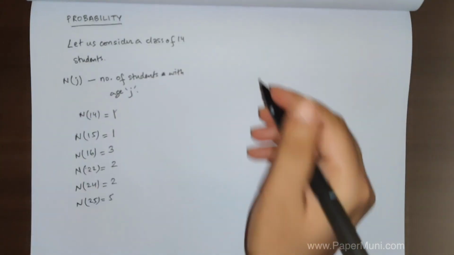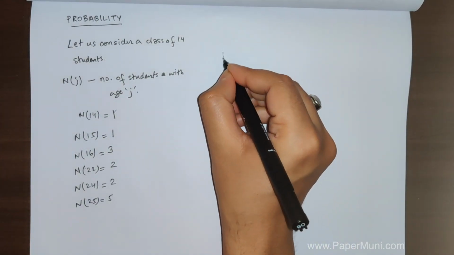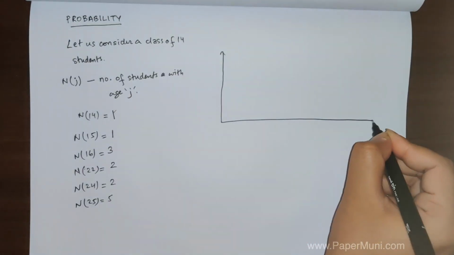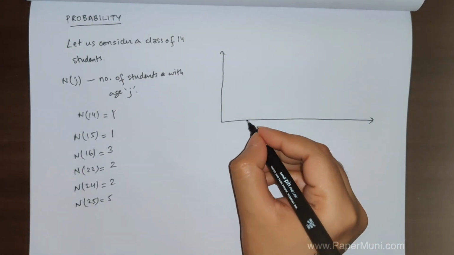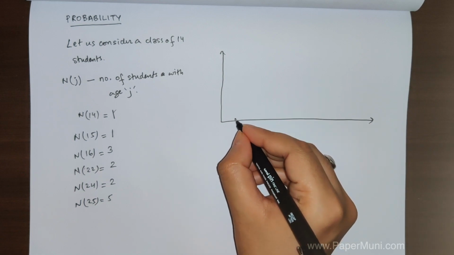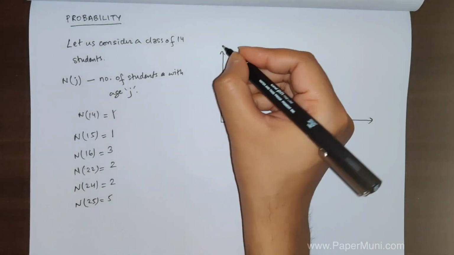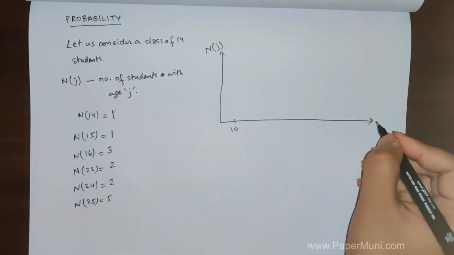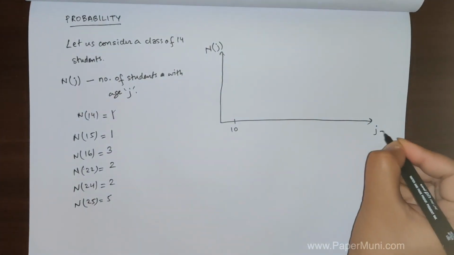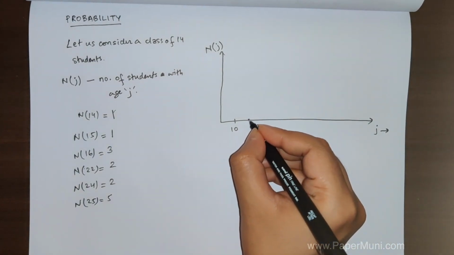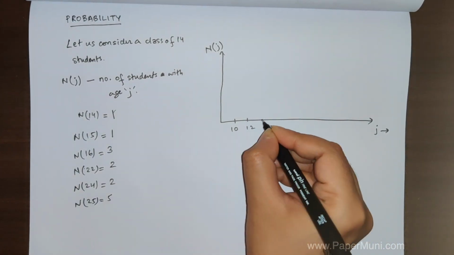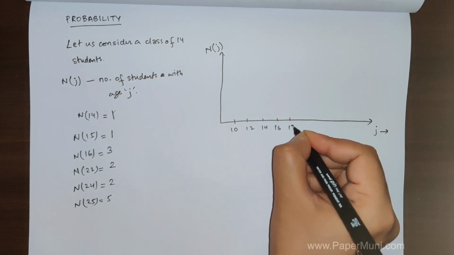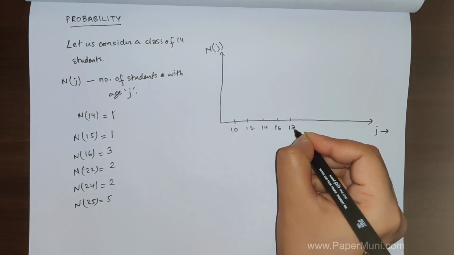So this could happen. Let's draw the histogram of this data. How does it look? This axis will represent the number of students with that age, and this axis represents the age. So this is 12, this is 14, next 16, 18.